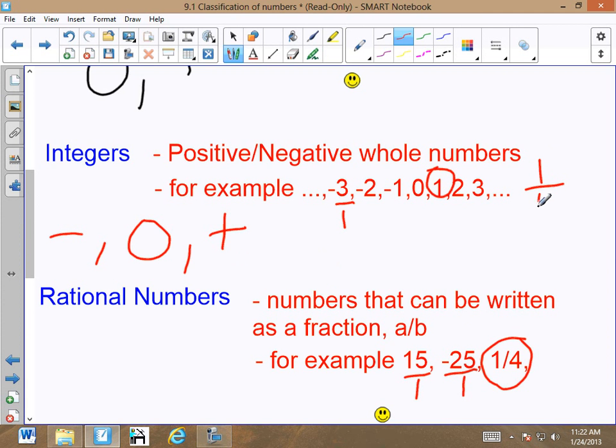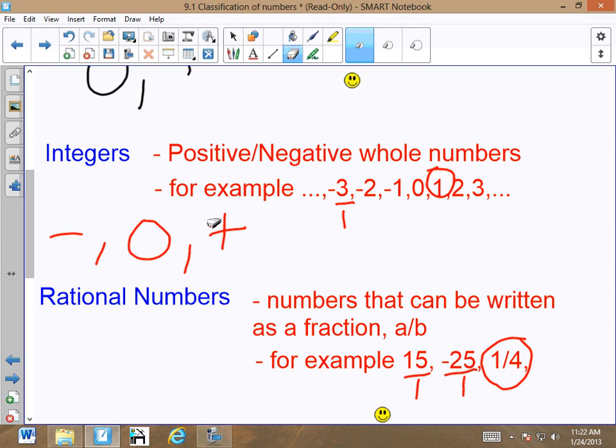However, 1/4 is not an integer. If it's a fraction that cannot be written as anything but a fraction, it's not an integer. We'll see that as we go on, okay? So 1/4 would be rational, but 1/4 would not be an integer.